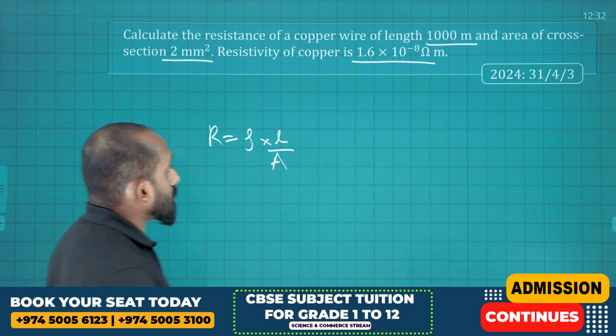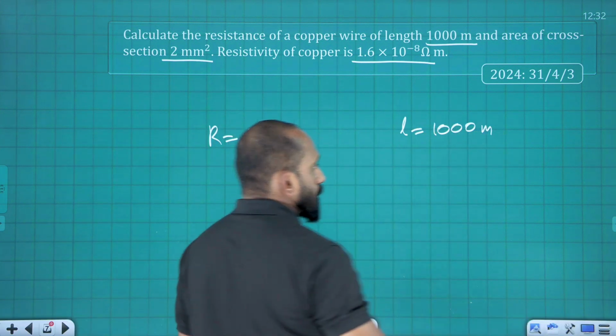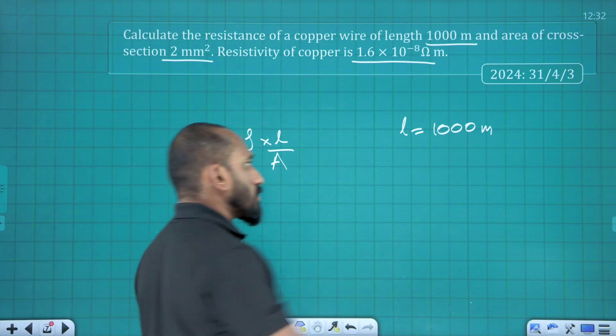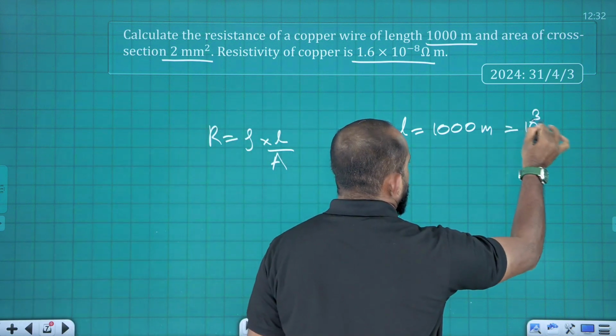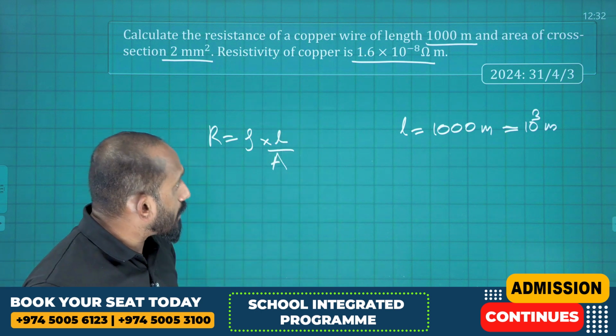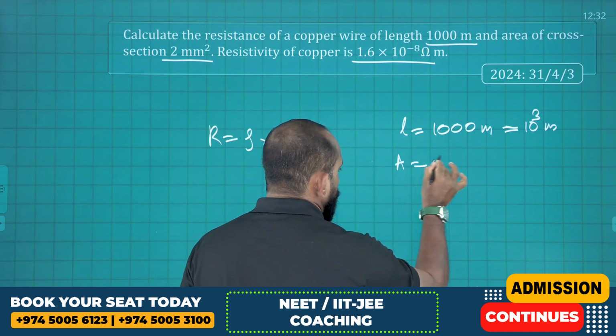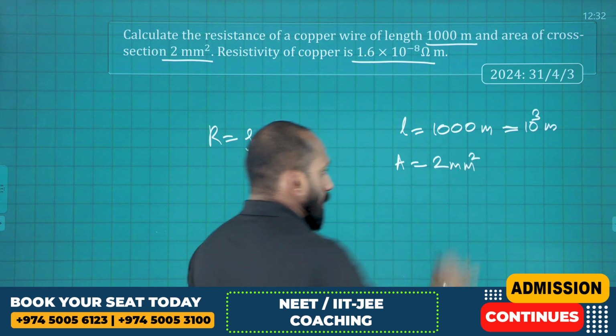We have length is given 1000 meters, that you can write as 10 raised to 3 meters. Then we have area of cross section is given 2 millimeters square. So area A is equal to 2 millimeters square.